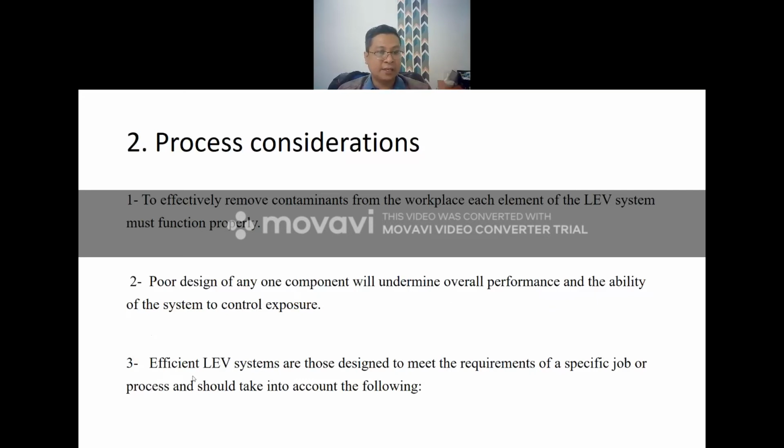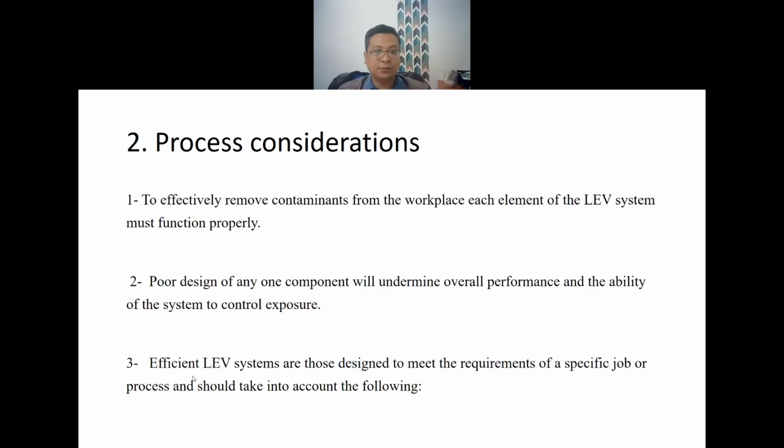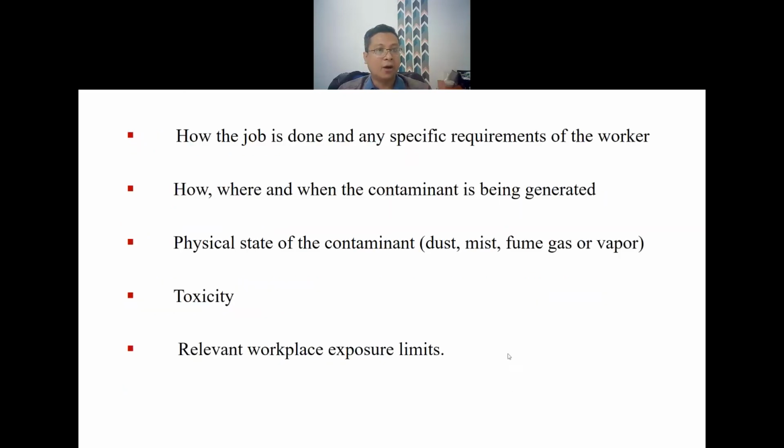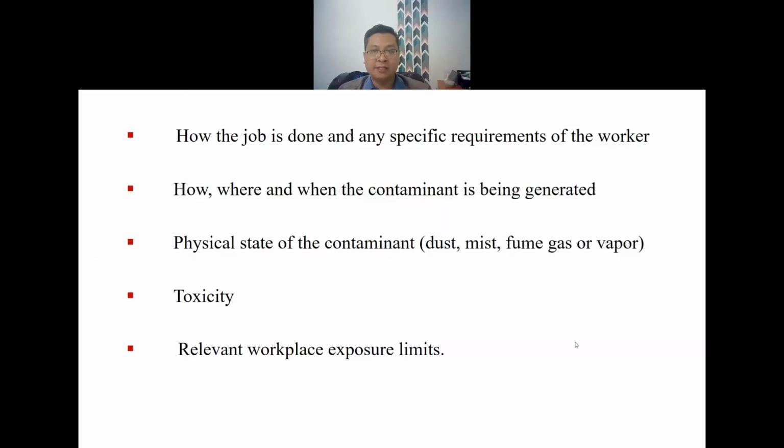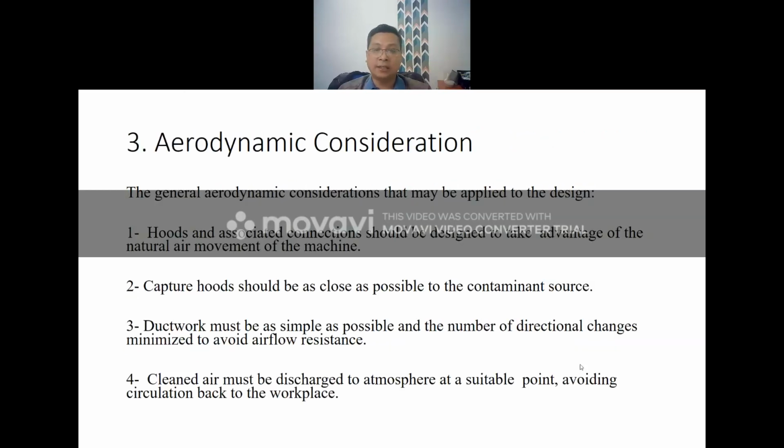And then the last, efficient LEV systems are those designed to meet the requirements of a specific job or process and should take into account the following: how the job is done and any specific requirements of the worker, how, where and when the contaminant is being generated, physical state of the contaminant like dust, mist, fume, gas or vapor, toxicity, relevant workplace exposure limits. So we need to make sure that it is under safe conditions.